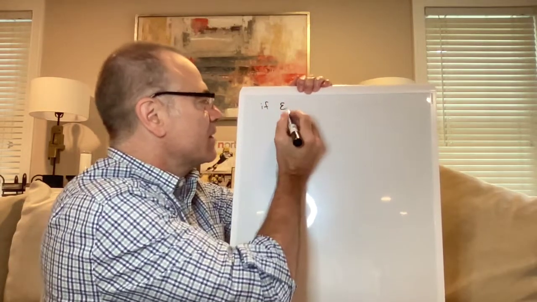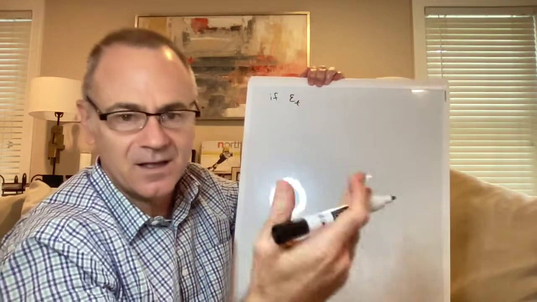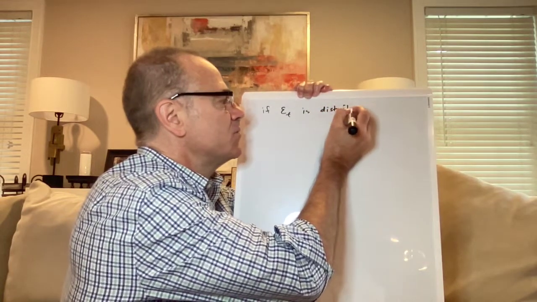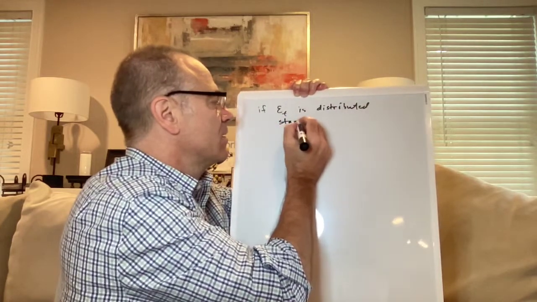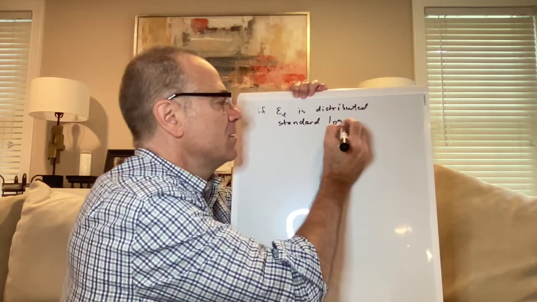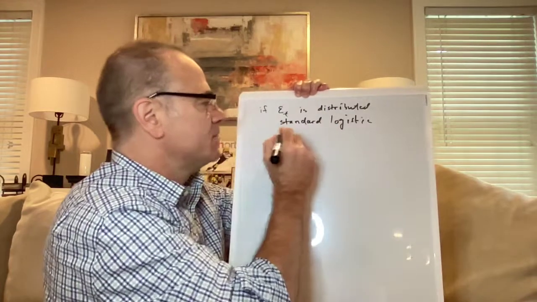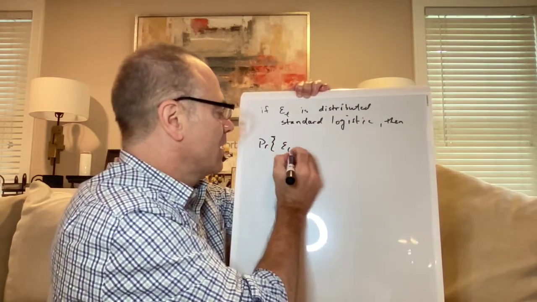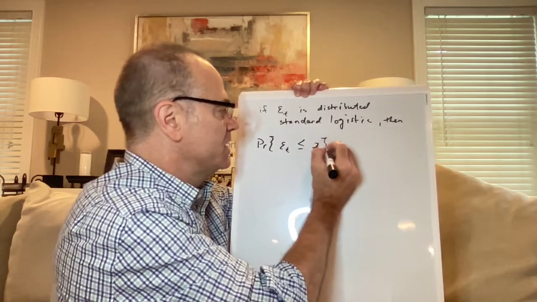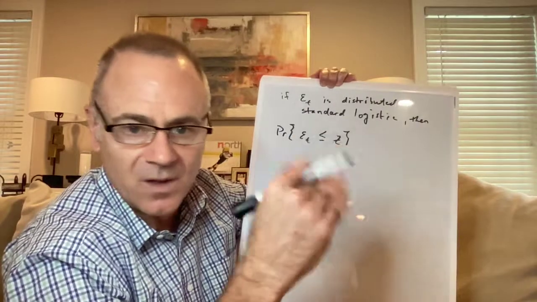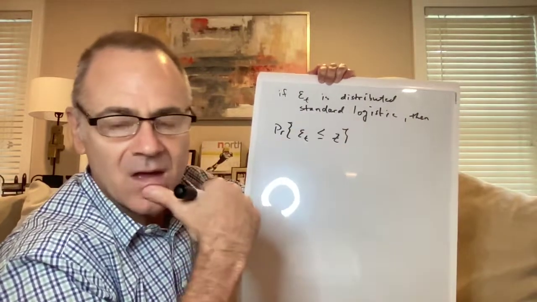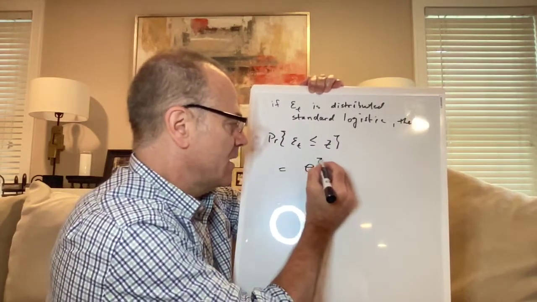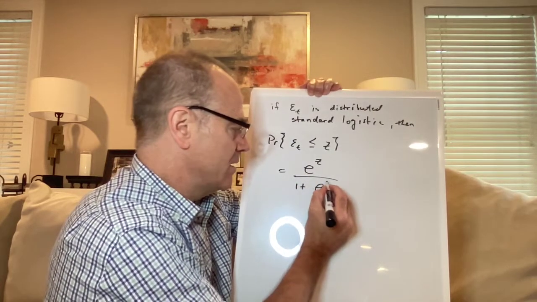If epsilon t, our random variable, is distributed standard logistic, then the probability that epsilon t is less than or equal to z, where z is just some generic value, equals e to the z divided by 1 plus e to the z.